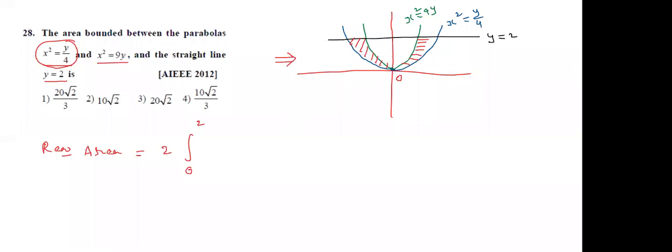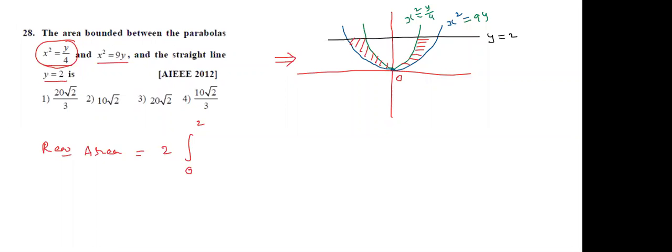X is equal to 2, 3y power 1 by 2. I think what I have written is wrong. Here the curves are different. I want to change the curves. This is 9y. Actually, this is 9y. That is y by 4.